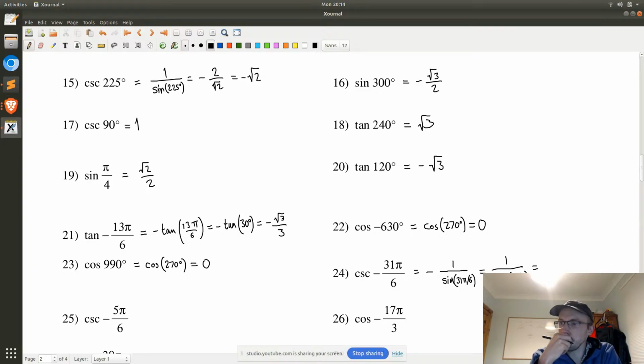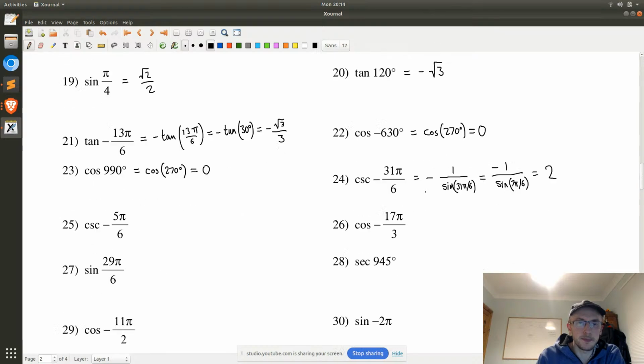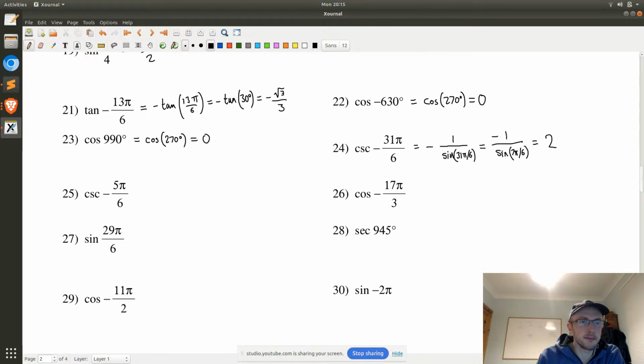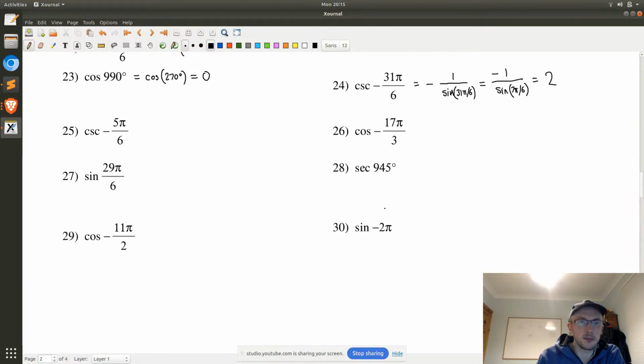You calculate, not forgetting the minus sign, and that is indeed negative half down here, so it evaluates to positive 2. I see the error. No problem at all.